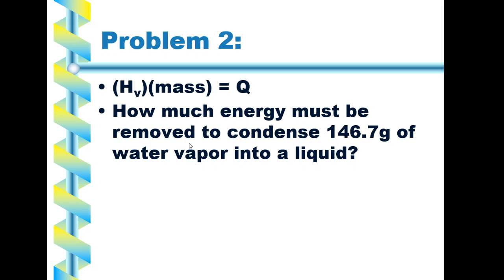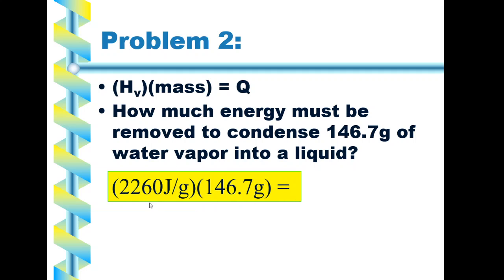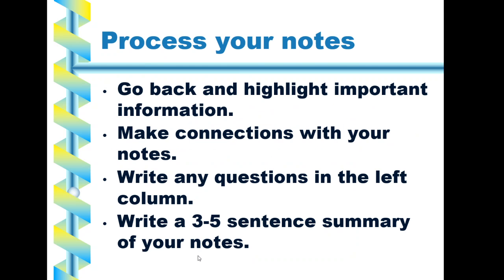I don't think we gave you the heat of vaporization, but it is 2,260 joules per gram, okay? And this would be given to you, the heat of vaporization, okay? Times the mass, 146.7, multiply, and I need 331,500 joules of heat to go from a gas to a liquid, okay?